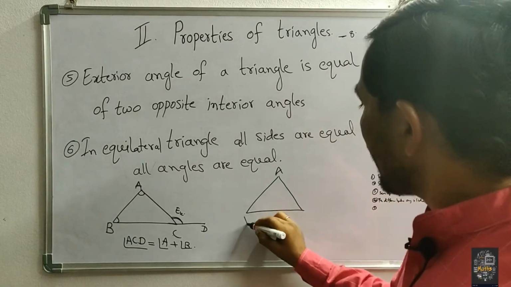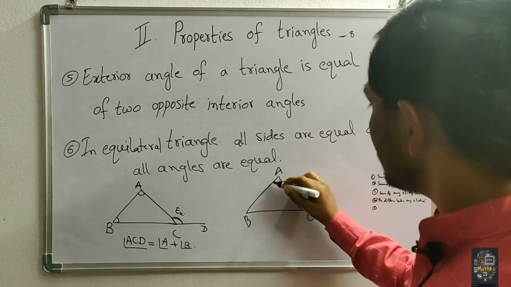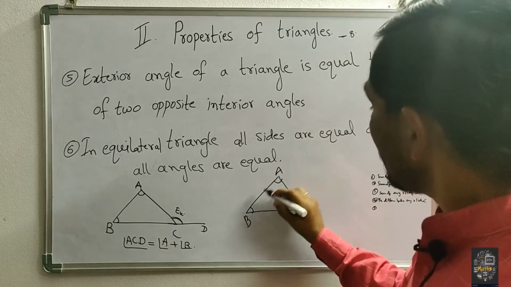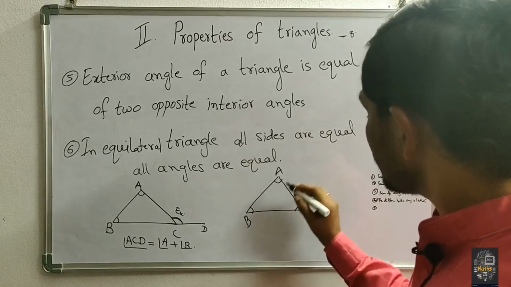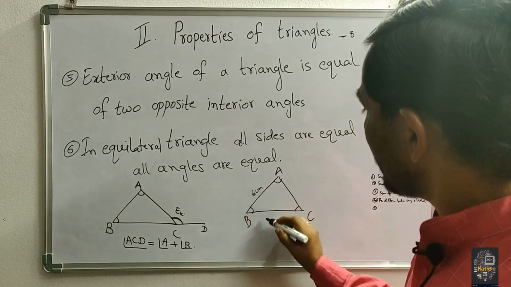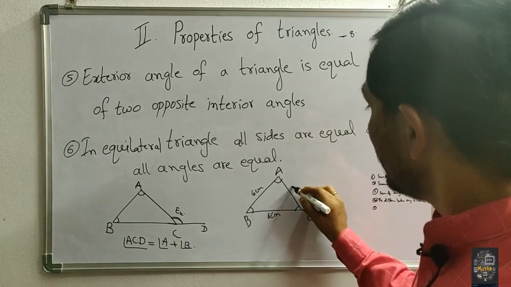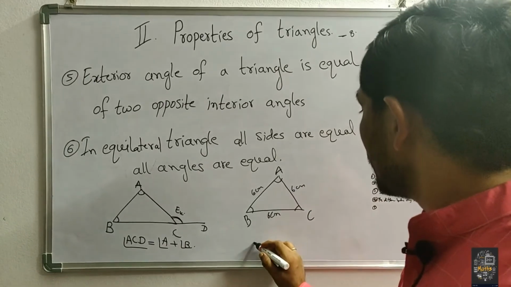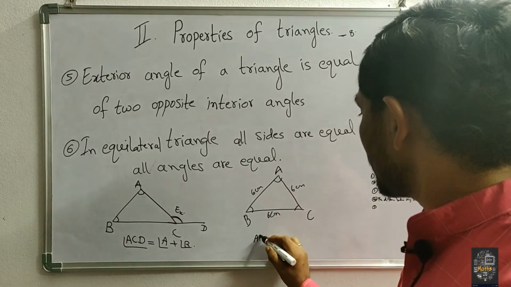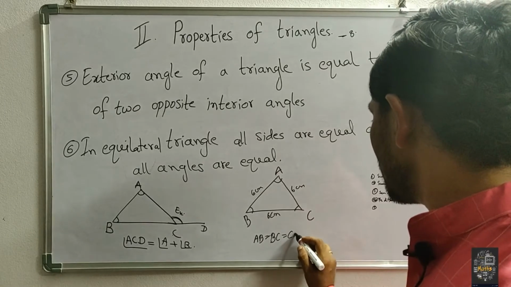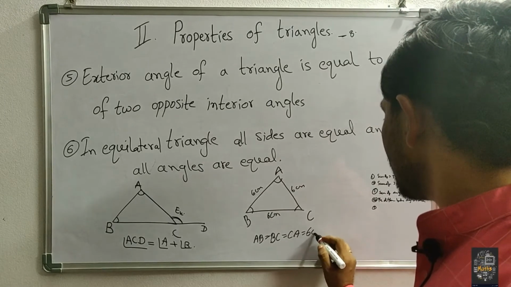Angle A, angle B, angle C. For example, AB is equal to BC is equal to CA. All sides are equal. I am taking example 6 centimeter, 6 centimeter and 6 centimeter. Example only, not exactly 6 centimeter. AB is equal to BC is equal to CA is equal to 6 centimeter.